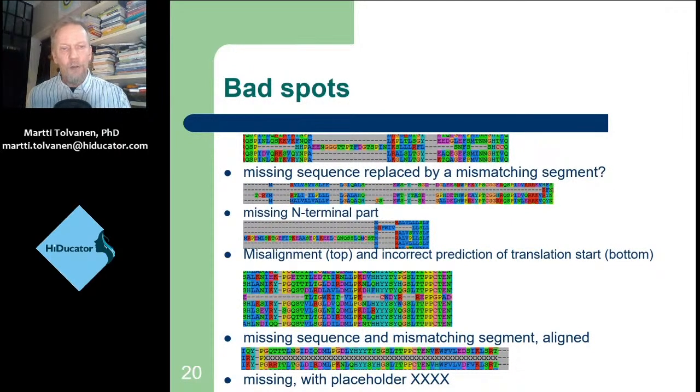So to show you the bad spots, here's a sequence in which we have clearly something missing. There's nothing to align very well to these spots, and there is some extra, probably because a gene prediction program just wanted to create something that is of the same length as CA6.